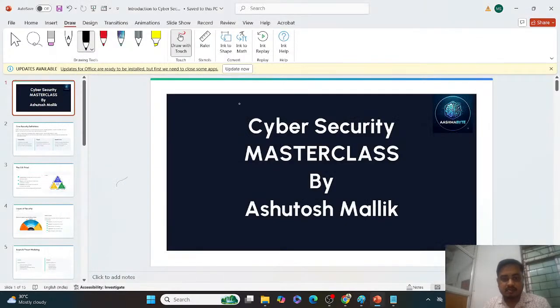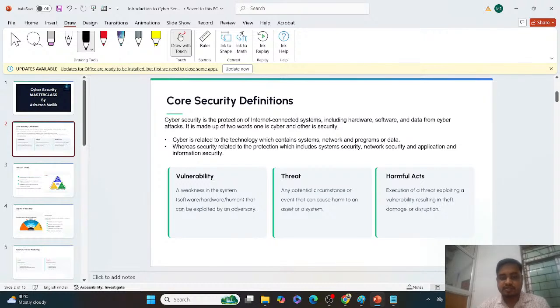Now we'll discuss the cybersecurity key terms. Cybersecurity is related to the technology which contains systems, networks and programs or data. We have already discussed this portion. Now we are coming to the key terms of cybersecurity.